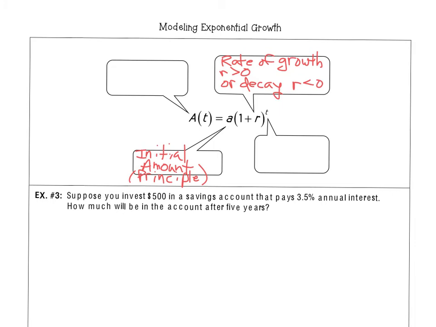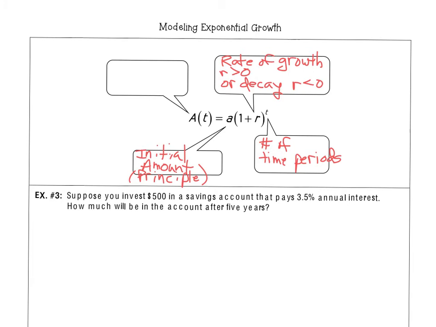All right, and then T is going to be your number of time periods that you hold your investment, or if it's decay, the number of time periods over which it decays. And we say number of time periods because it may not be years, it could be months, days, or seconds.